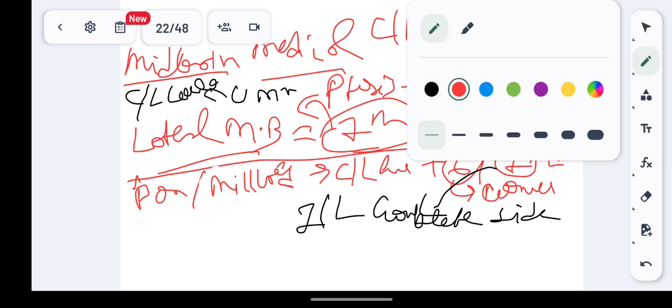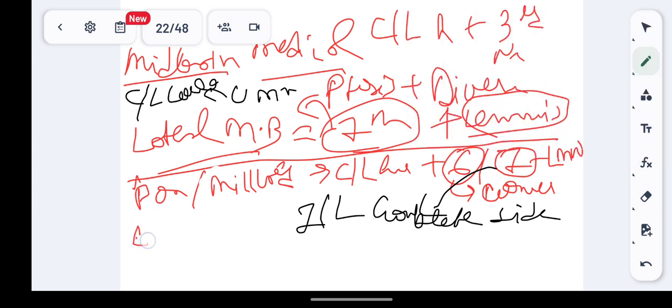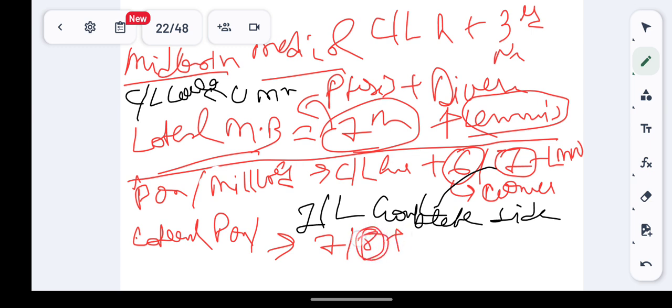Now coming to lateral pontine syndrome, that is by acoustic neuroma. So seventh nerve and eighth nerve. Since eighth nerve is involved, obviously we will not see the eighth nerve anywhere else, so it is obviously lateral pontine, plus lemniscus features. Done.